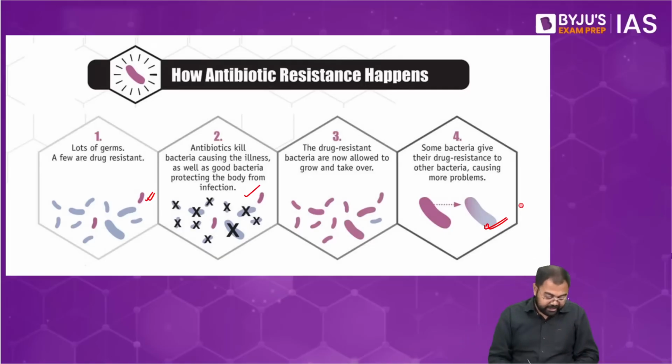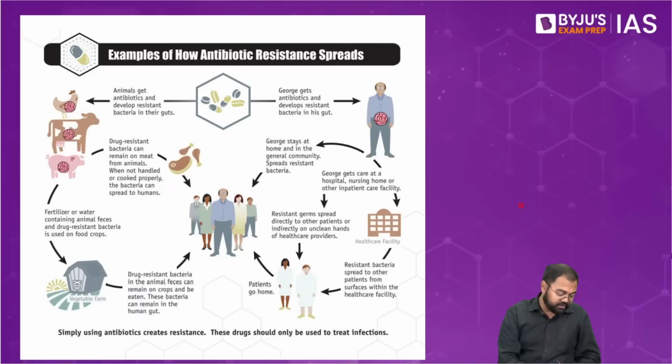Now there are multiple different pathways, multiple reasons why a situation like this has been created. For example, when it comes to the spread, there could be a person who already has drug resistant pathogens in the gut, and because this person lives in a community with family, friends, etc., there are chances that the person will transmit it to others who are living with them.